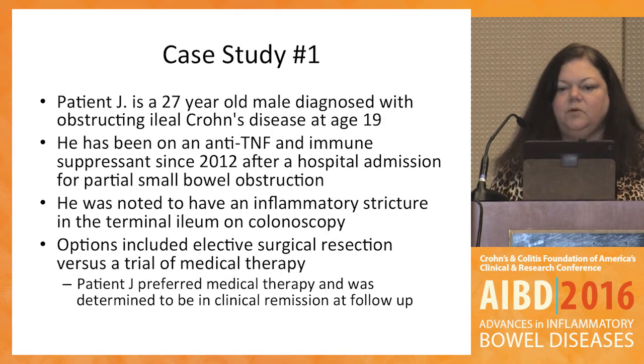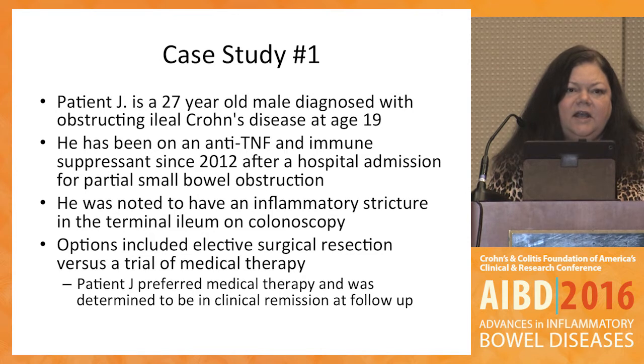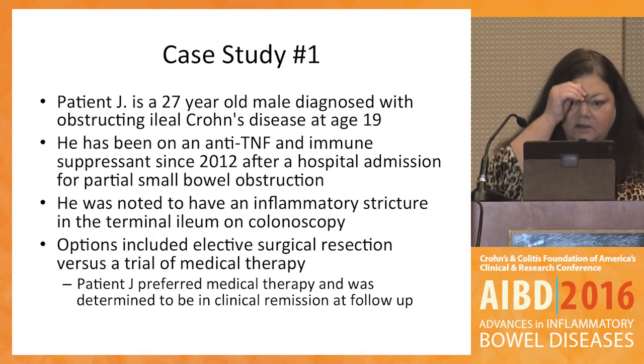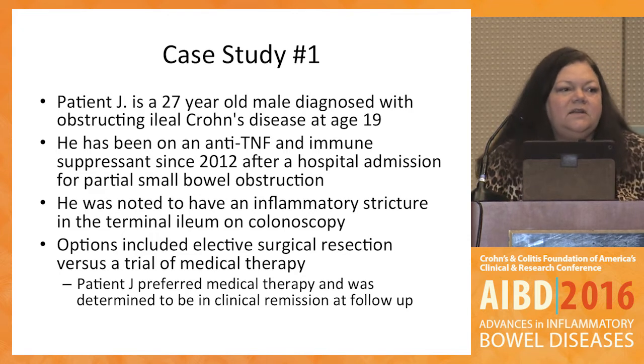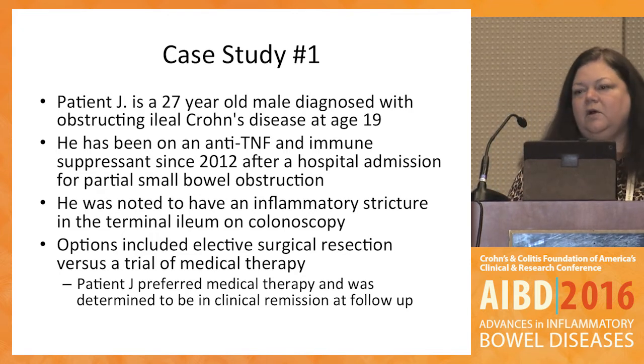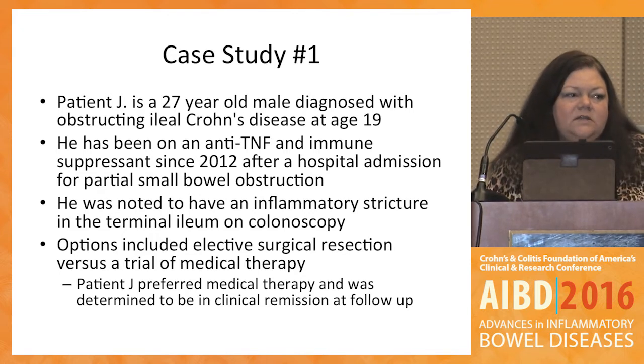So case study number 1. Patient J is a 27-year-old male diagnosed with obstructing ileal Crohn's at age 19. In 2012, he was hospitalized with a partial small bowel obstruction, and at that point he was started on an anti-TNF and an immune modulator.